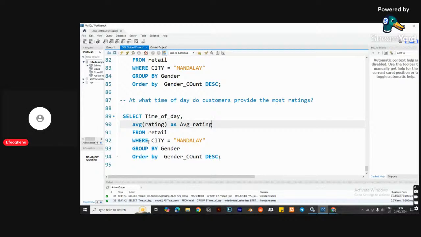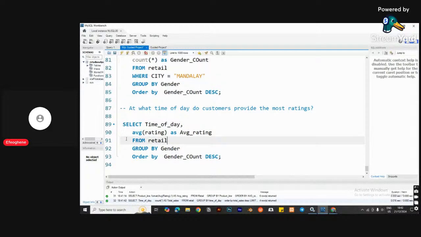From retail where, okay, get rid of this. We don't need this. Group by time of day. Right. Order by average rating. Okay, so we want to know the time of day the customers make the most rating, and we'll group it by the time of day. So if we run this, let's check.